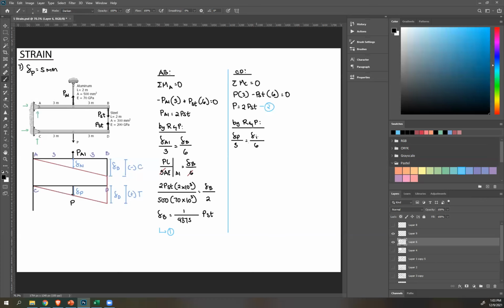Okay, so this is D. Twice delta P equals delta D. And then let's just call that equation 3. Because P and D are not materials, they're just points. So there's no PL over AE here. They're simply displacements. So I'll just call that equation 3. All right. So now we're done doing the ratio and proportion part and moment. The only thing that's left is to try to analyze something else about your system.